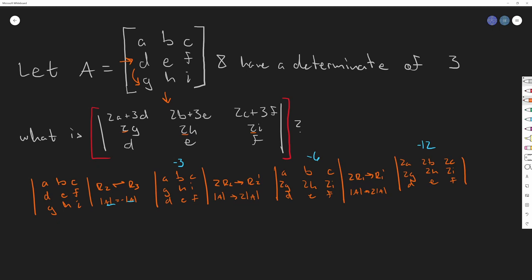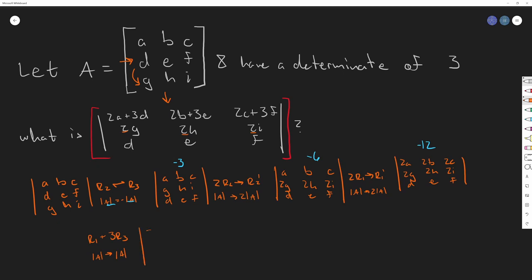And then lastly, what they did is they took the first row and added 3 times the third row. If you recall from the lecture, if you add a multiple of another row to a row, the determinant will remain the same.